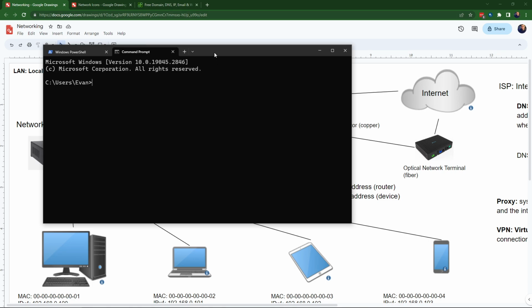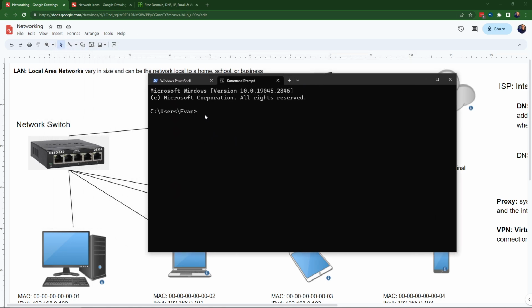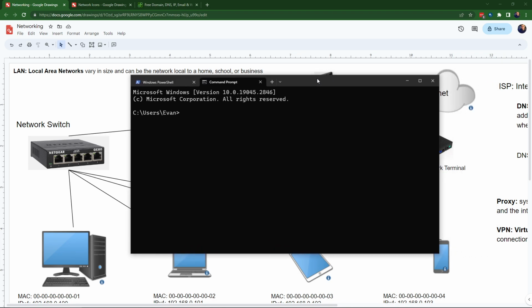All right, now we can do a lot of different things with this, but the first command that we are going to look at is called, let's see, basic networking commands, ipconfig. So ipconfig. This is a very useful tool if you want to see some information about your network.